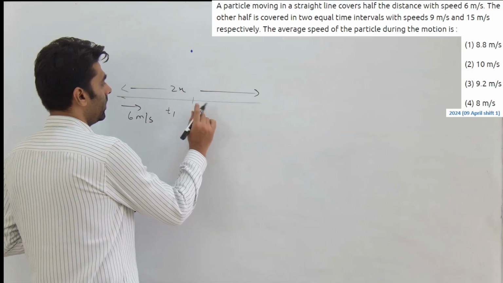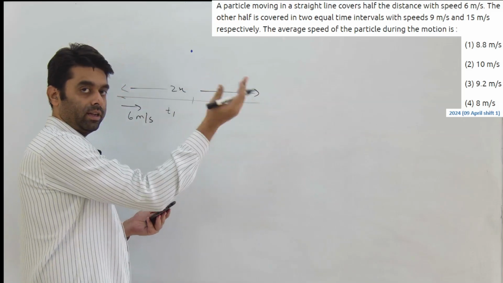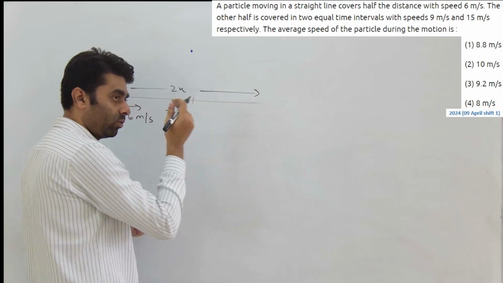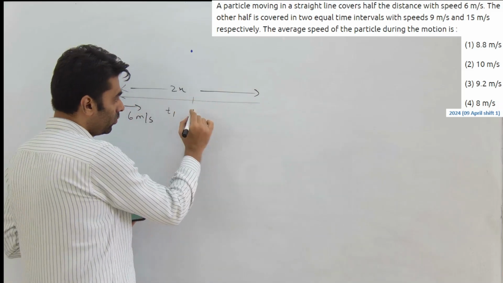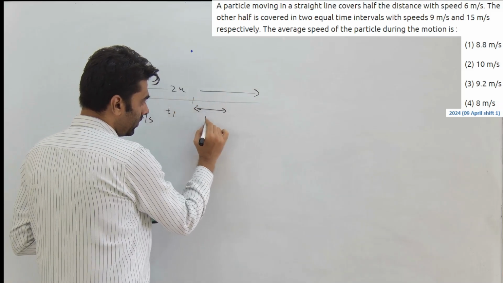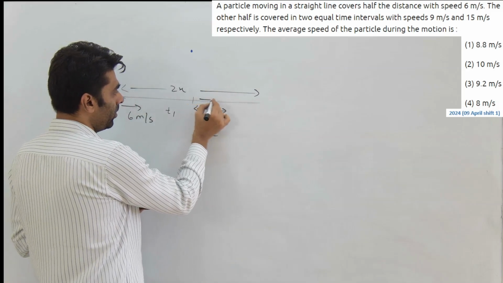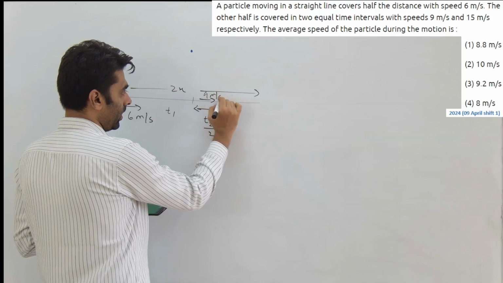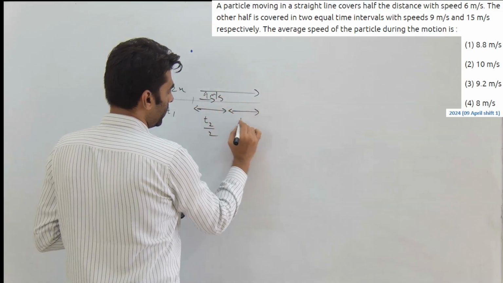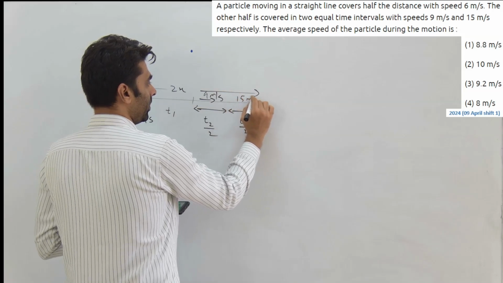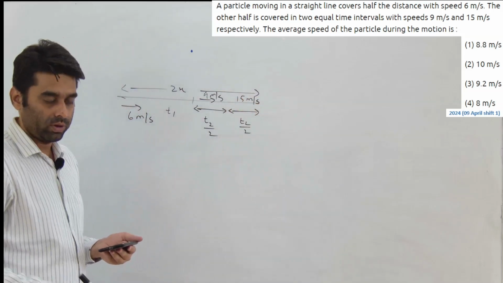So let's say that the other half is covered in time t2. So half of this, that is t2 by 2, is moved with a speed of 9 meter per second, and the other t2 by 2 is moved with a speed of 15 meter per second. This is what the whole information is given.